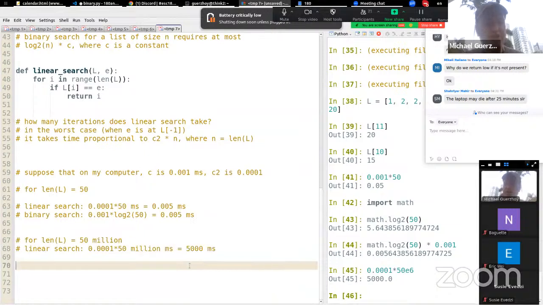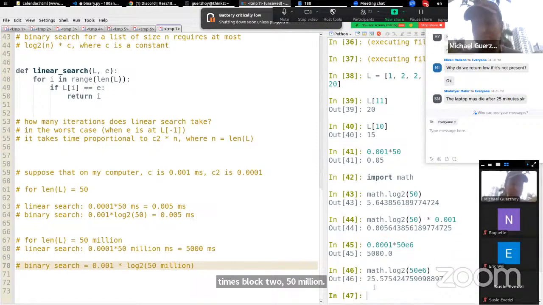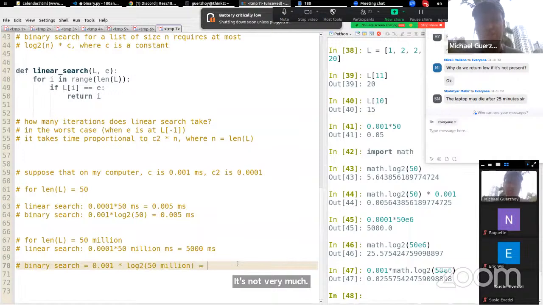But binary search is going to be 0.001 times log 2 of 50 million. And log 2 of 50 million is not very much. So that's going to be 0.02 milliseconds.